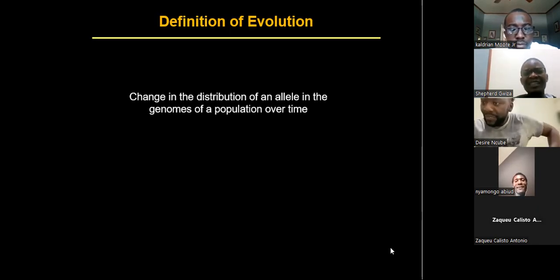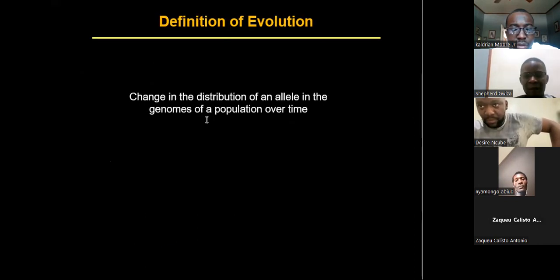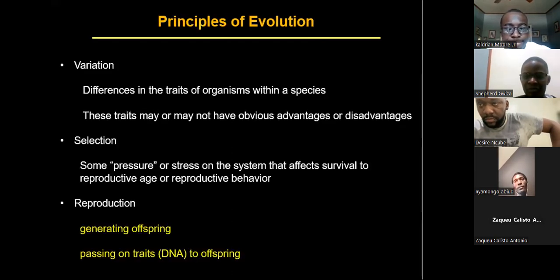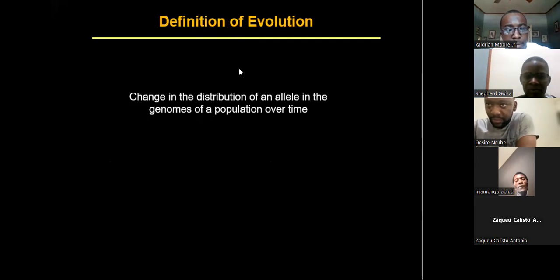We've said we've got three steps to evolution. Right. So we have our three principles for evolution: variation, selection, and reproduction. But if we define evolution as change in the distribution of an allele in the genomes over a population over time, we can see how these three things will lead to changes. But in the absence of selection, is it still possible to have evolution?